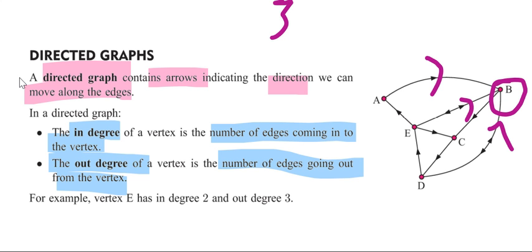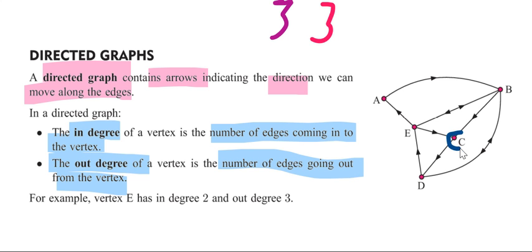The out degree for B is 1, 2, 3. So out degree is also 3. It doesn't have to be that they will be the same. For example, for C, in degree will be 2, 1 and 2. Out degree will only be 1.